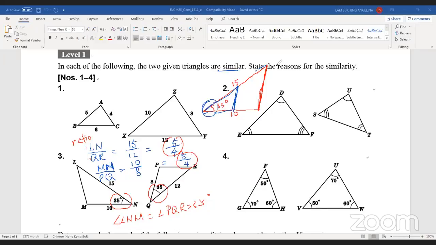Now, therefore, in this case, I know that triangle LMN is similar to triangle, what? What should we start for the next one? PQR, RQP, or RPQ?